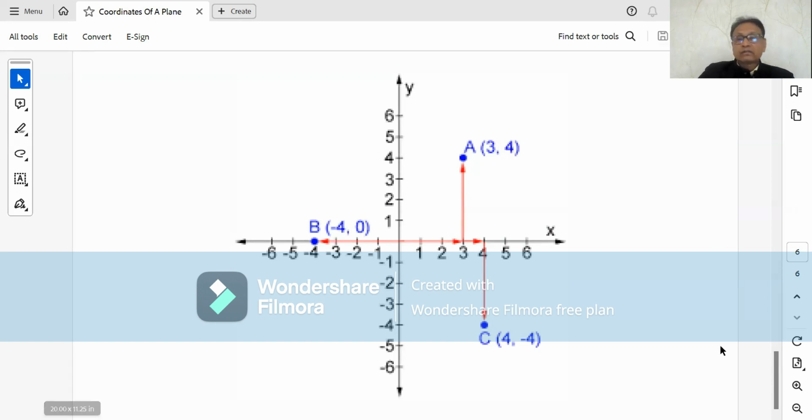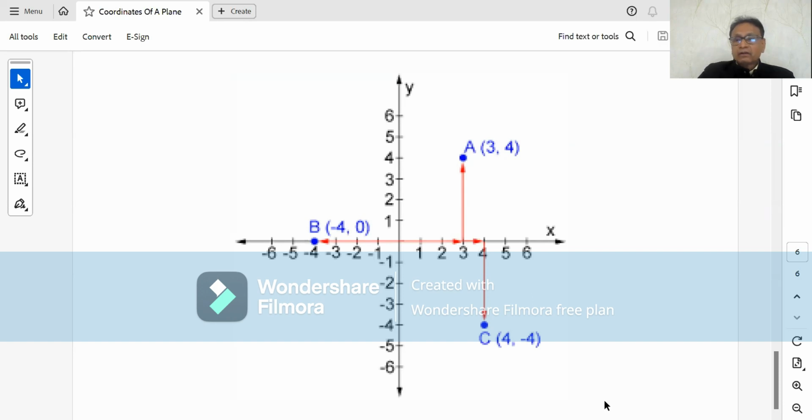This whole system of giving a designation to a point in a space is called Cartesian coordinate geometry.